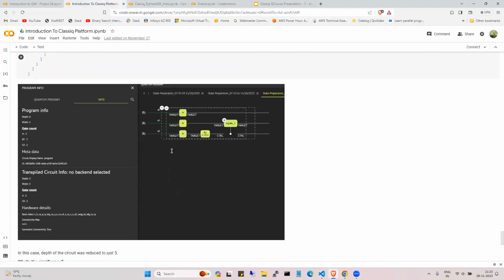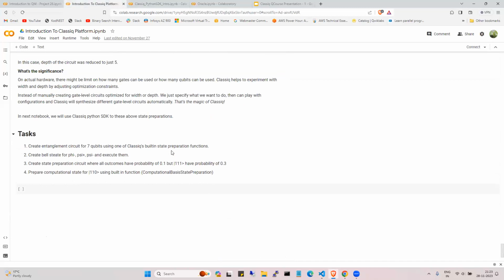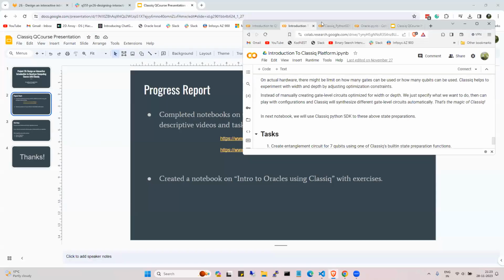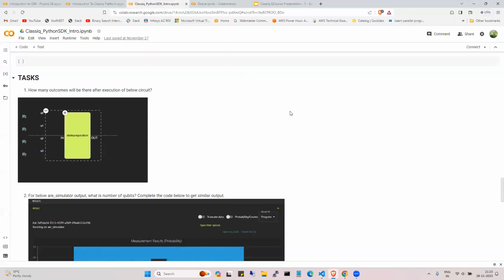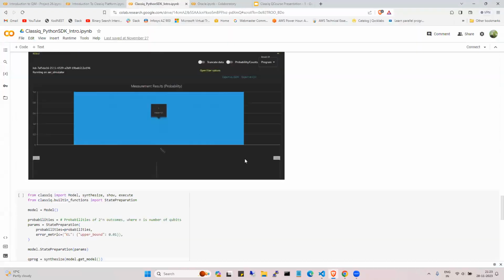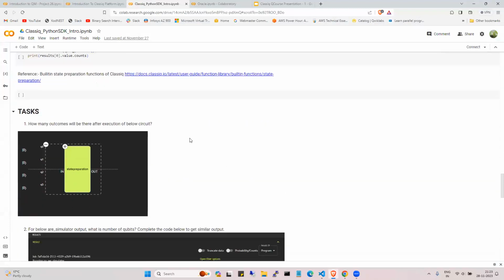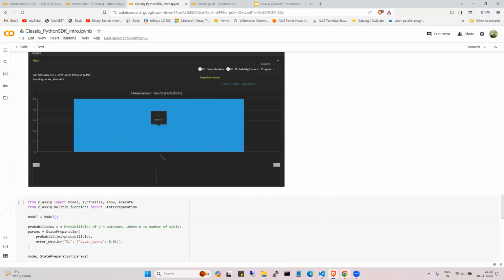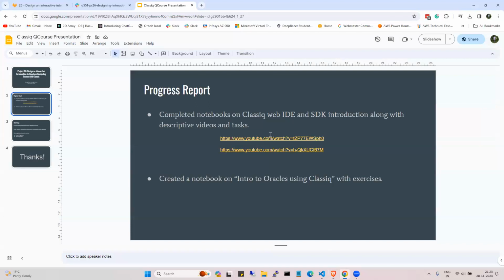Also in both notebooks, I thought that I would add some quizzes, but I found adding tasks related to the above given examples would be more appropriate. So in the web IDE notebook and SDK notebook I added tasks related to the above examples, and also made a video on introduction to web IDE and SDK. So these are the links for them.